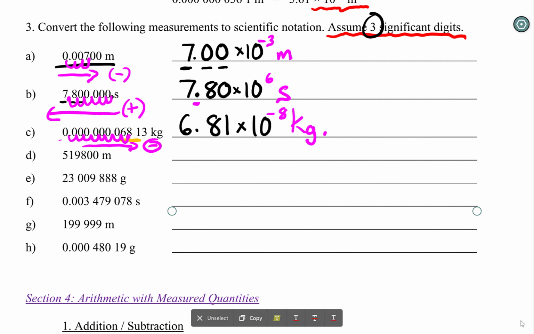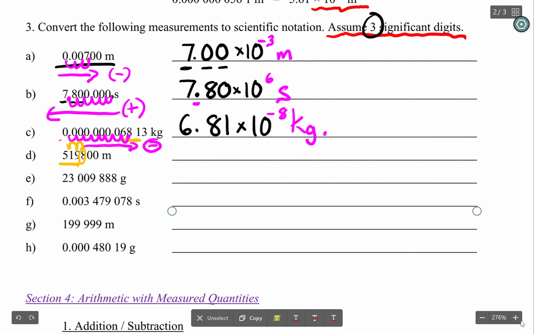Now that you've had an opportunity to do that, let's go through the answers. So looking at letter D, I can see that I have three significant digits when I underline these three, 1, 2, 3, but I'm going to check the number behind to see if it rounds up. So 8 rounds the 9 up, which is going to cause the 1 to round up.